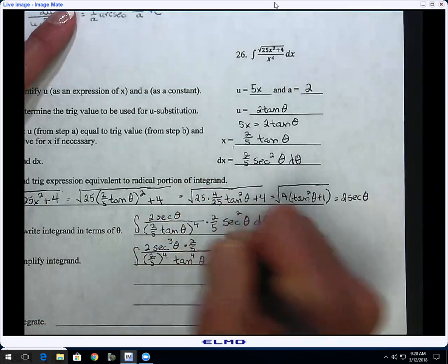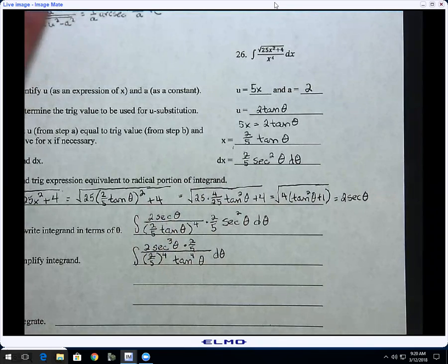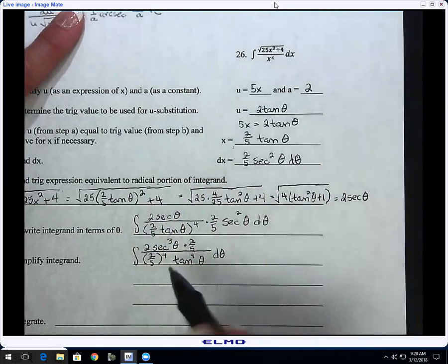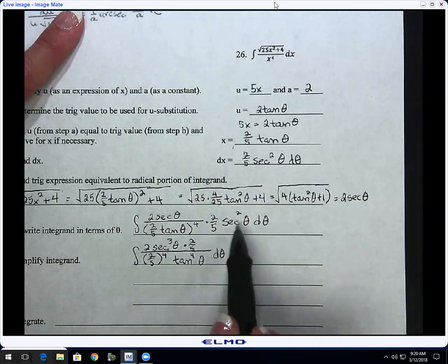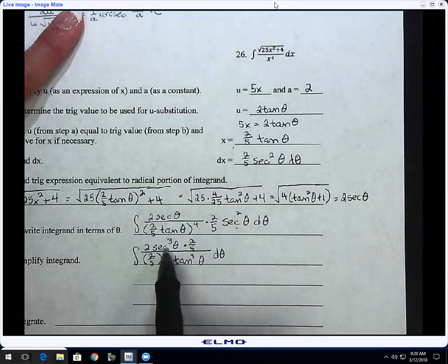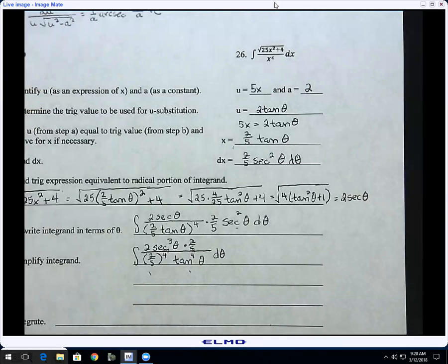And then d theta. I'm going to make sure I haven't lost anything. Here's my 2 secant theta. Here's my 2/5. My secant squared times secant is secant cubed. I raise that guy to the 4th and that guy to the 4th, and all that's left is d theta. So far, so good.